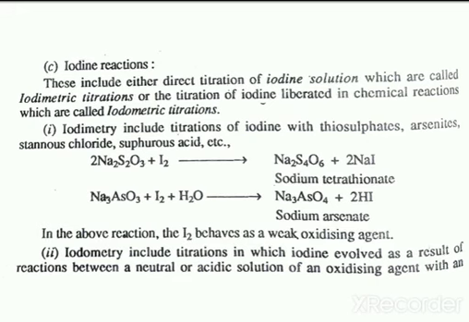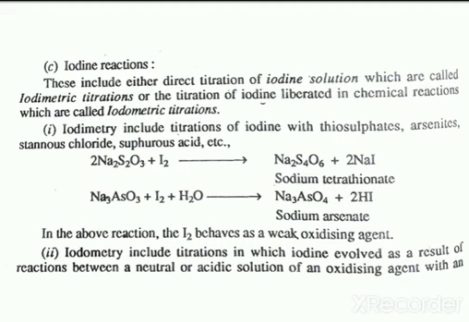Therefore, in iodimetric titration, we are titrating using the standard iodine solution, but in iodometric titration, the liberated iodine is titrated with the given titrant.